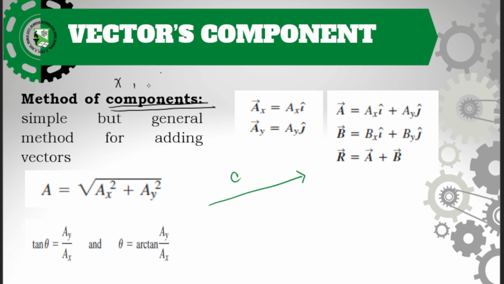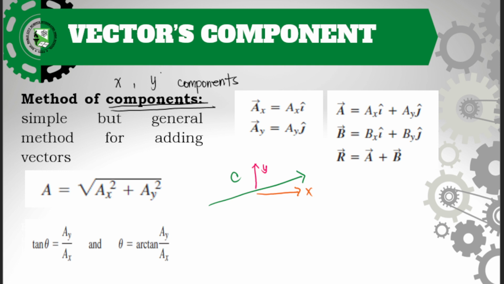Yung components na pinapertain nating components of a vector is its x and y. X and y components. So, kung ito yung ating vector, if we're going to find its component system, we have to know its y component as well as its x component.